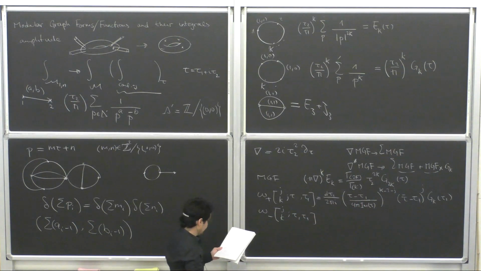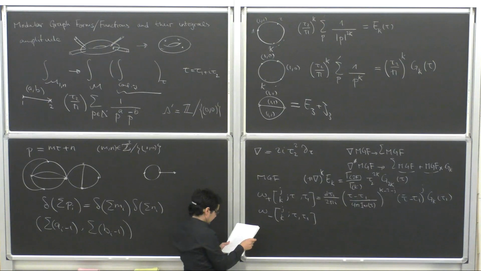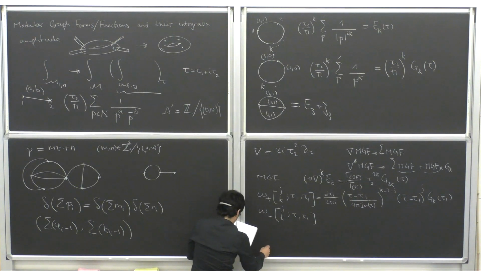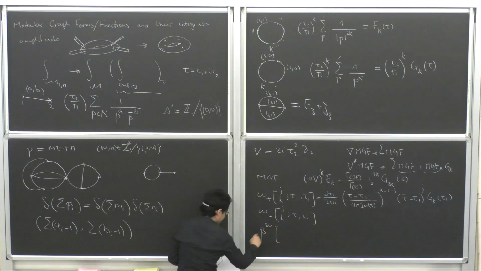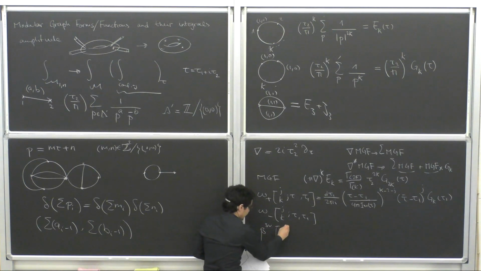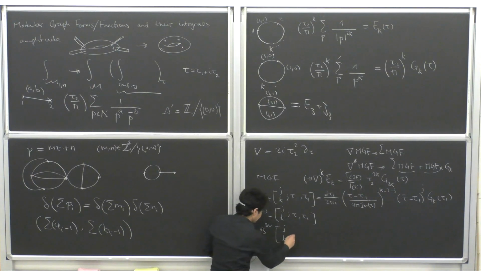And one thing that I can see is that, okay, let me also introduce another thing, something that is called beta SV, for some reasons that I'm not going to explain.